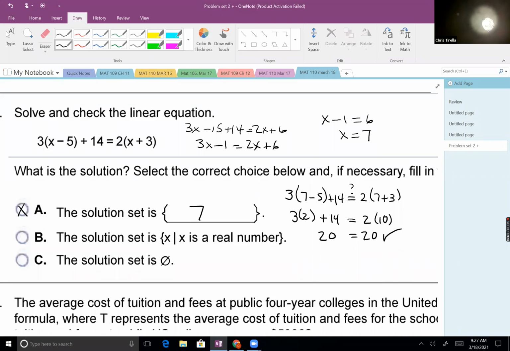Did everybody finish or am I rushing you? Did anybody else get a solution to 7 and have the 7 check? Yep. Great.